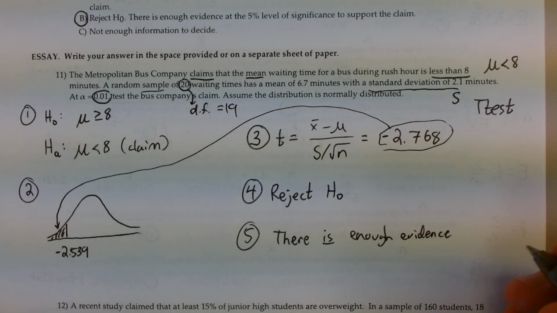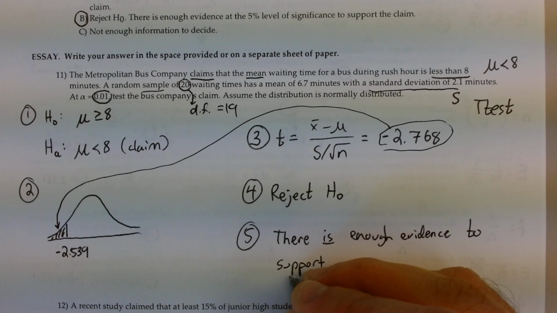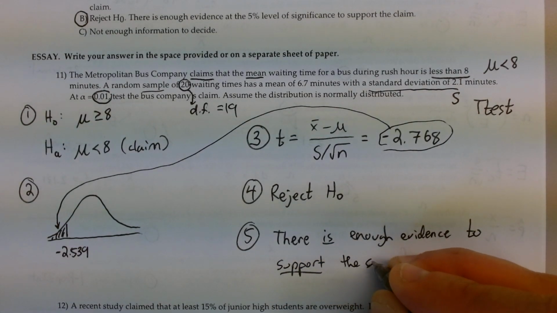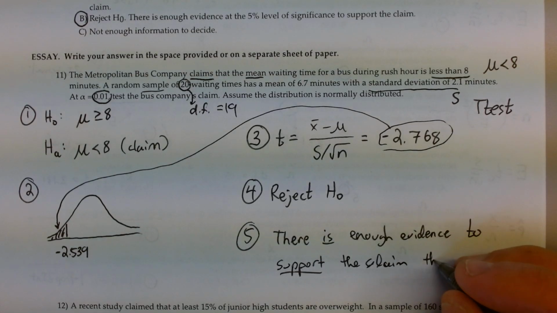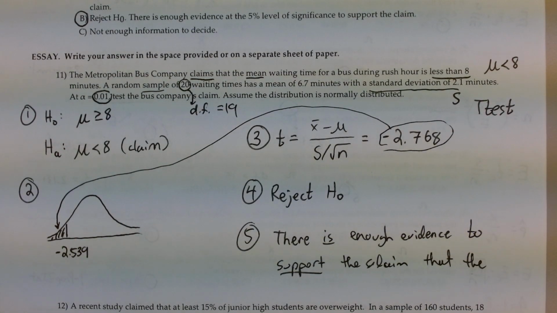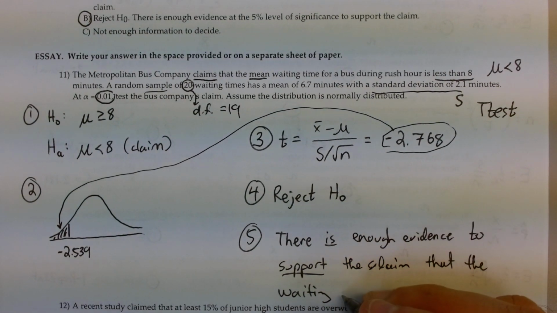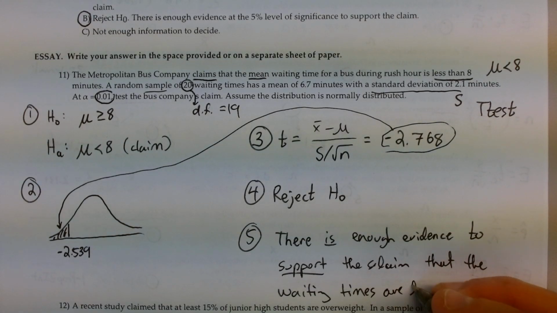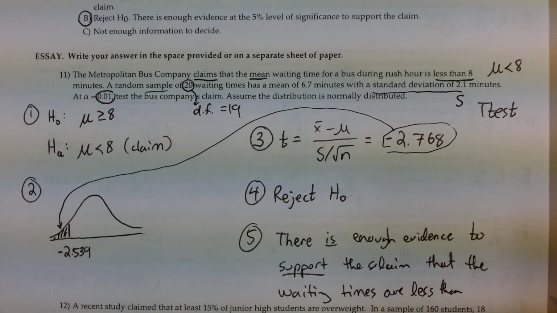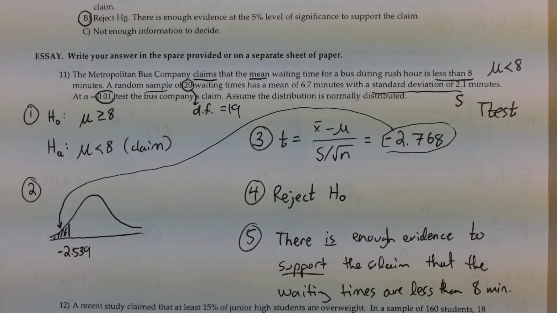So we would be supporting the claim. And then you just briefly describe what the claim is. So in this case, that the waiting time is less than 8 minutes. Technically it should be the average waiting time is less than 8 minutes. But as long as you write something here, I'm fine with that.